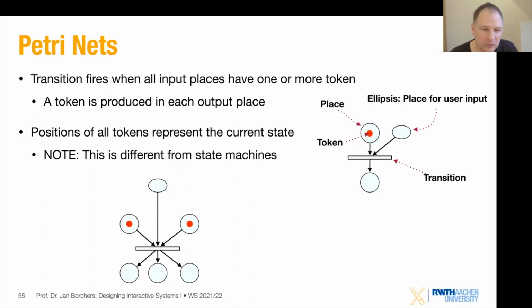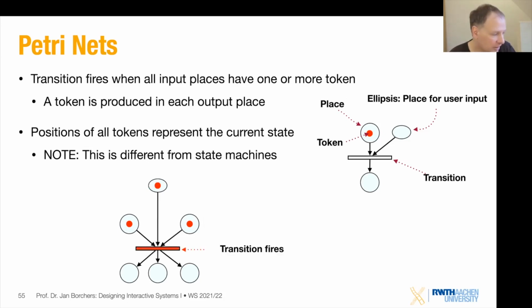So let's look at what's happening here. Let's say you've got this sample Petri net down here at the bottom, and two places already have tokens, but this input place doesn't have one yet. Now the user does something, clicks maybe, and this is represented by a token being placed into this input place. This is the moment where the transition can say, aha, I've got tokens in all my input places.